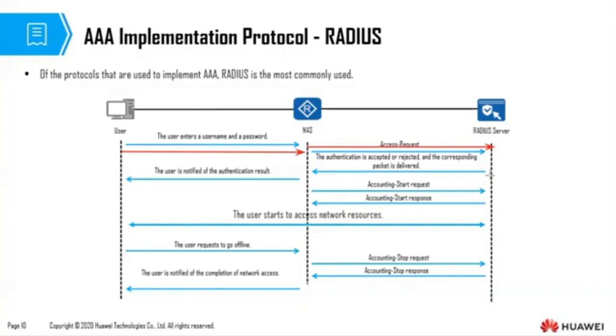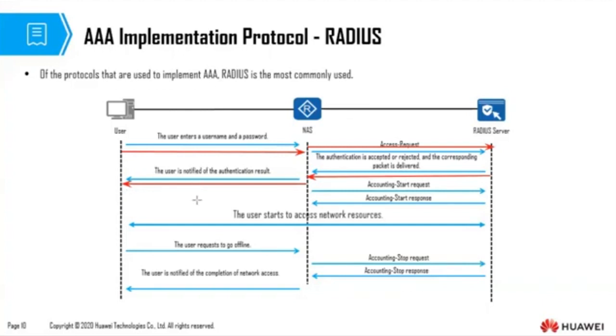Then the Radius server is going to respond to the NAS on whether the username and password has matched or has failed. And after that, the NAS is going to respond to the user: Hey, login successful or unsuccessful, like that.